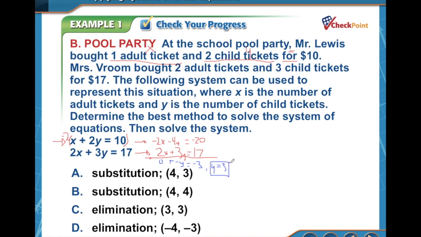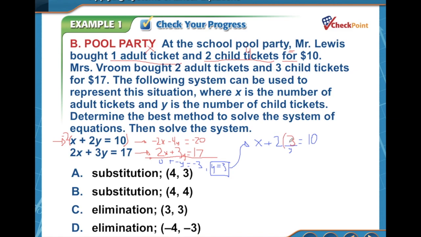Now to find x, we just have to plug in 3 for y into any of our equations. So we were already given our first equation here, x plus 2y equals 10. Now we already know what y is. We just said it was 3. So I'm going to go in here and plug in the 3 that we know is true instead of writing the y.